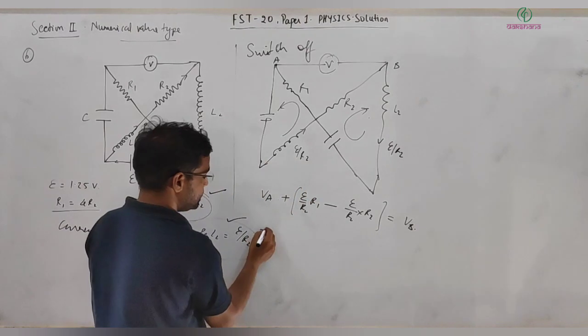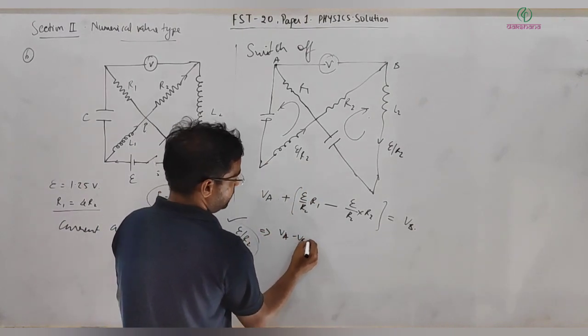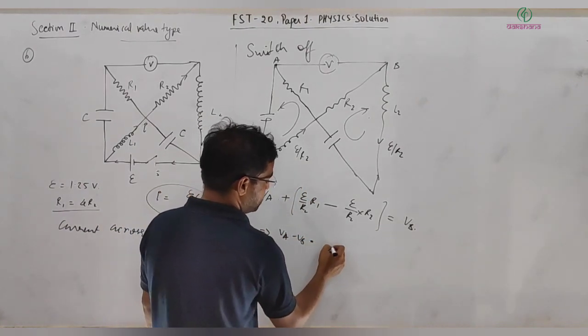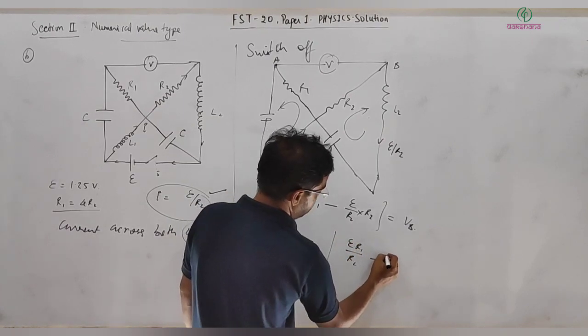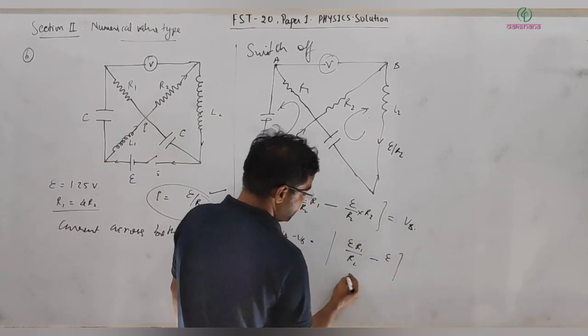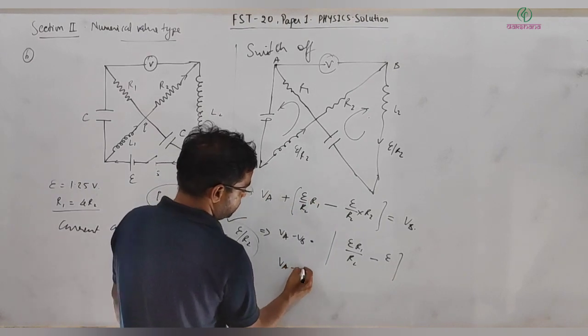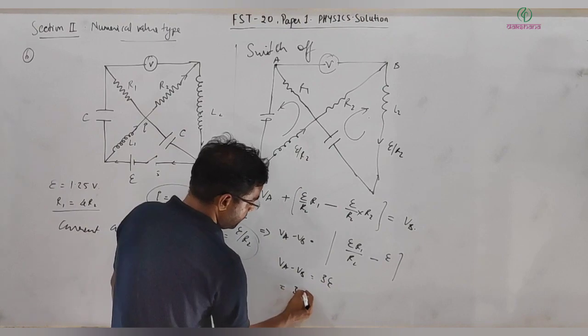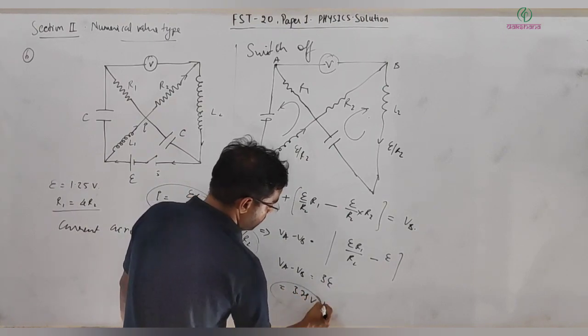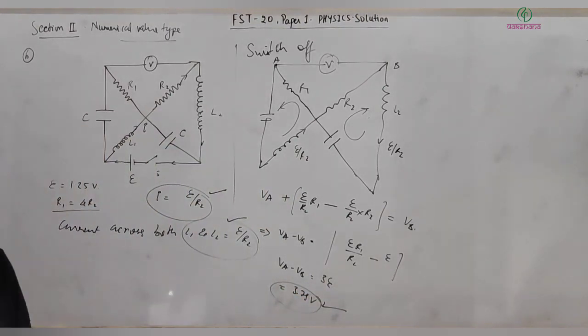So this implies VA minus VB is the voltmeter reading, and this comes out to be the magnitude of E R1 by R2 minus E, and solving, VA minus VB is simply 3E, and that is equal to 3.75 volt. This is your answer for question number 6.